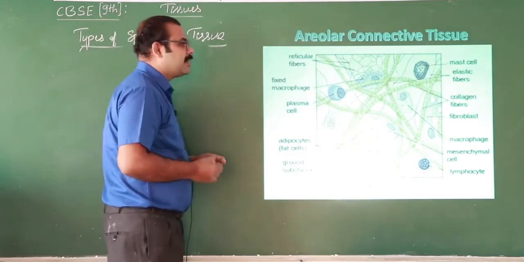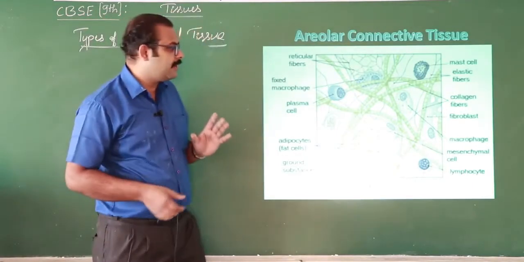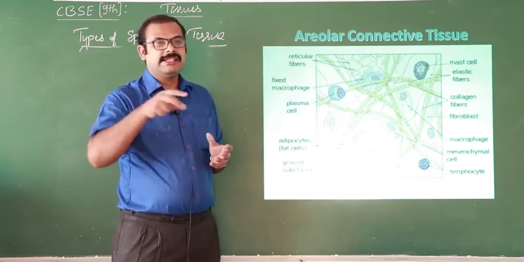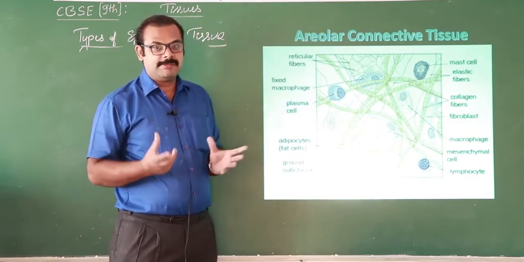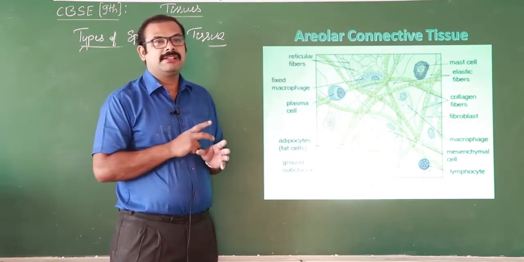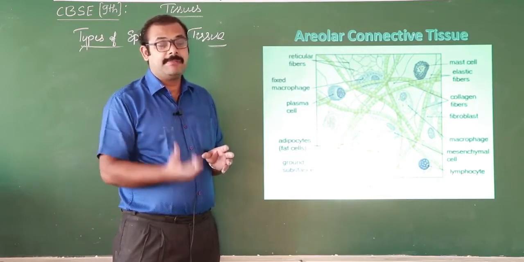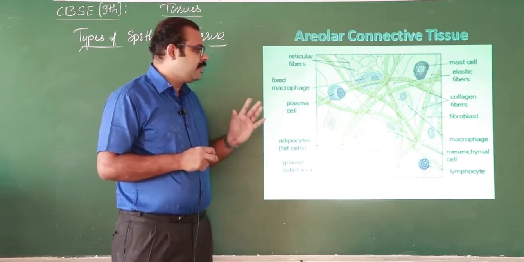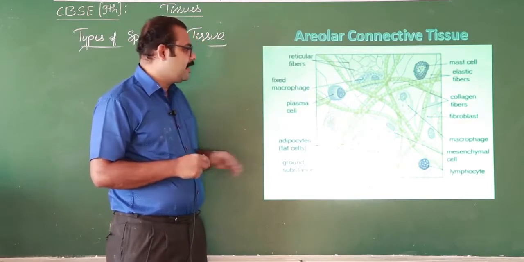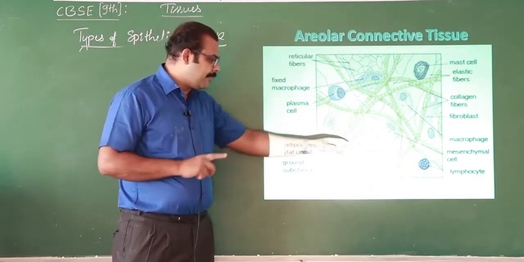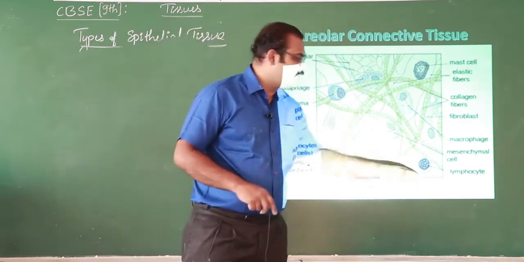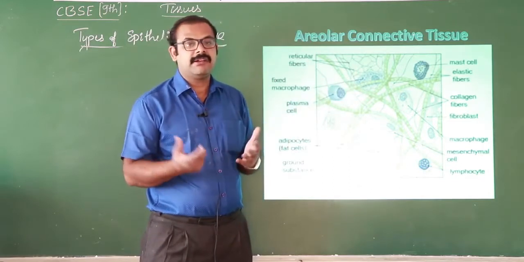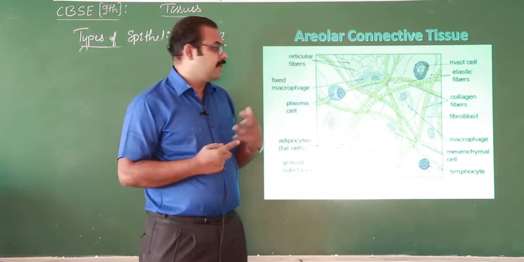So first one, areolar connective tissue. This tissue is mainly located wherever there are empty spaces. It's just like a packing substance. Wherever empty spaces are there, it will be located, and it helps in repairing and also provides some protection. Areolar connective tissue contains different types of cells: macrophages, adipose cells and lymphocytes, and also some fibers, thin and thick fibers, white fibers as well as yellow fibers.